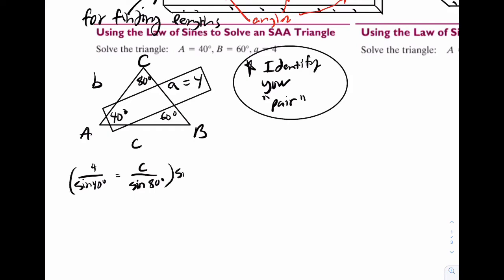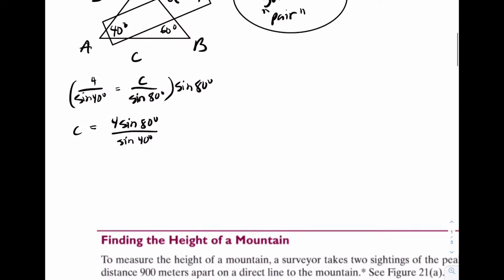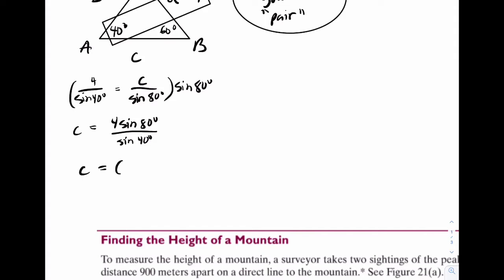Now to solve this, make sure you don't cross multiply. Simply multiply both sides by sine of 80. So now we get c is equal to 4 sine 80 over sine 40. Then you're going to punch that in your calculator, and you get c is equal to 6.13.